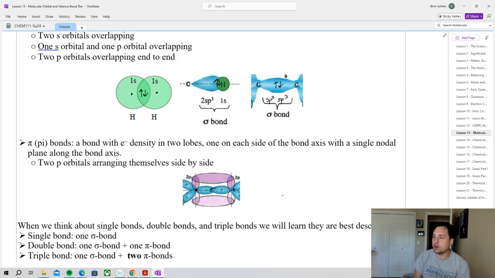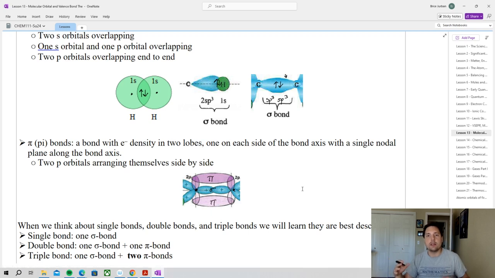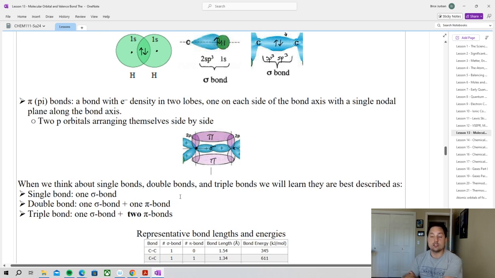Shown here is a sigma orbital, but the pi orbital here is the top and the bottom portion. They're arranged side by side, and pi bonds are really crucial because they restrict the motion of a molecule, so they prevent it from turning. So you have to break pi bonds in order for a molecule like this to be able to rotate. And they give rise to double bonds and triple bonds.